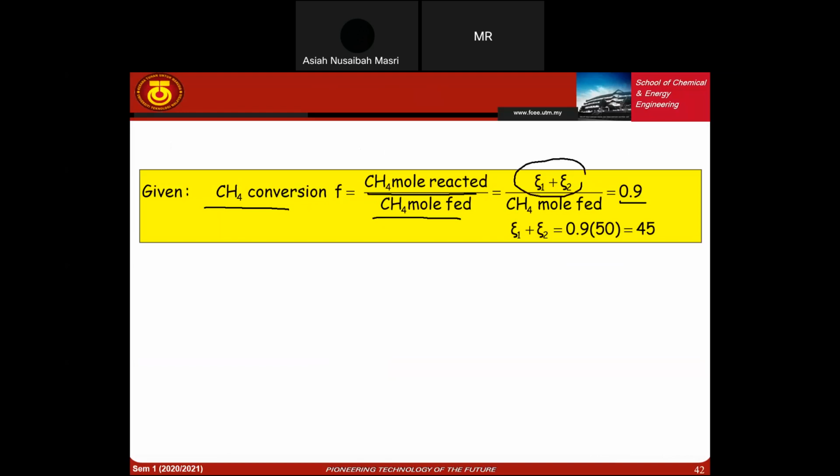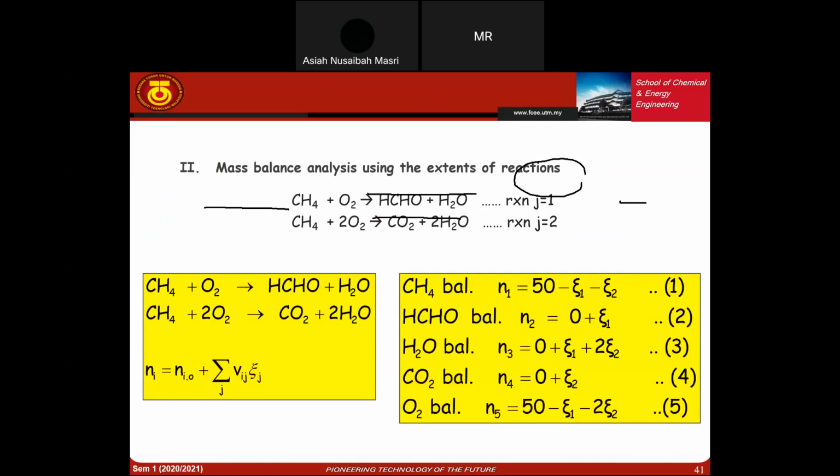Try to go back to the previous slide. Go back to the general mole balance, input plus generation minus output equals accumulation, and how we end up with steady state accumulation 0.